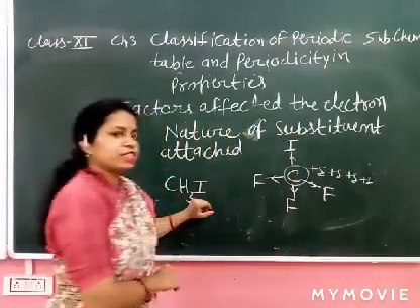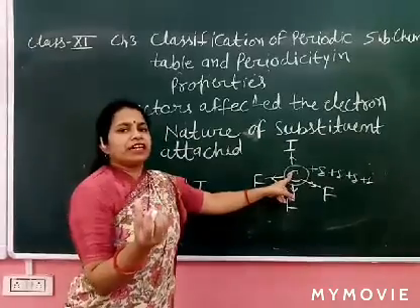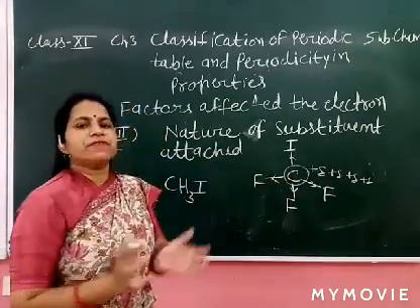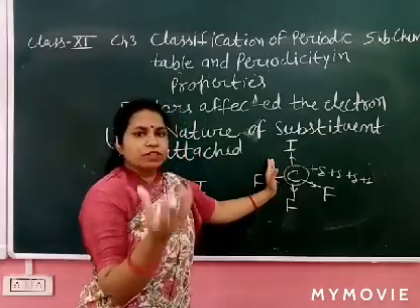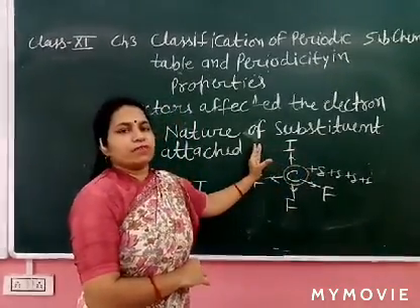So what happened in this condition? It attracts the electron towards itself. Carbon becomes positive, electron deficient. Electron deficient means it attracts the electron towards itself.